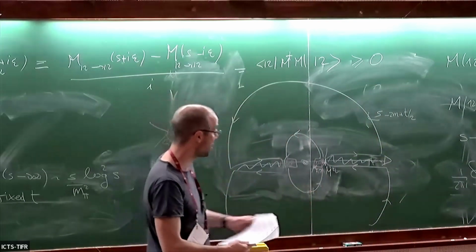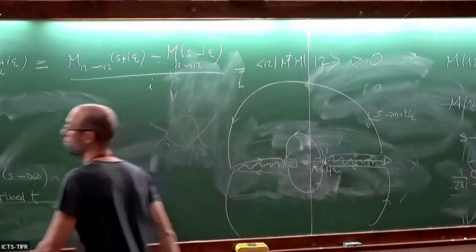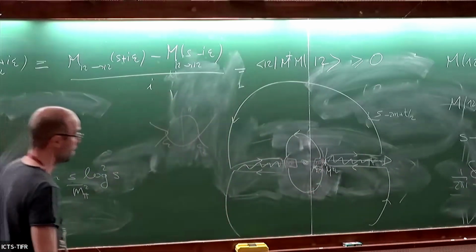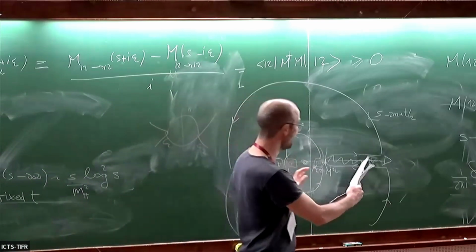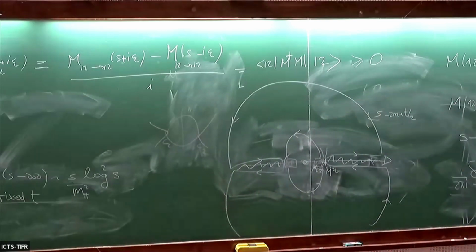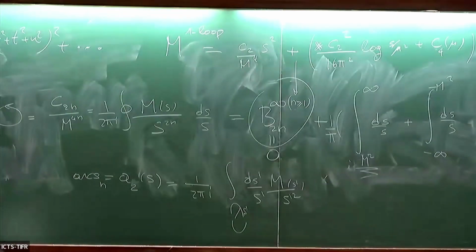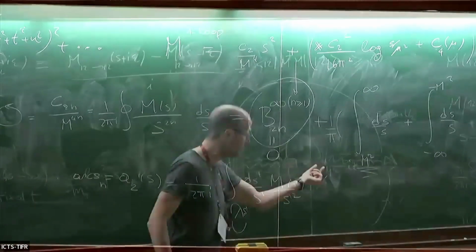In particular, the discontinuity is positive because of unitarity. It means that the arc is monotonic with the radius. It's a function of the radius s, which is why I call the integration variable the dummy variable s prime now. Before it wasn't a function of s because there was no discontinuity, so the contour didn't matter. Now it matters because you have an infrared contribution.